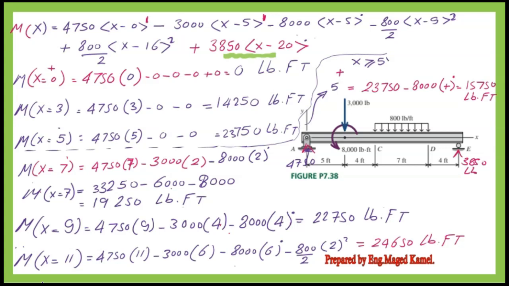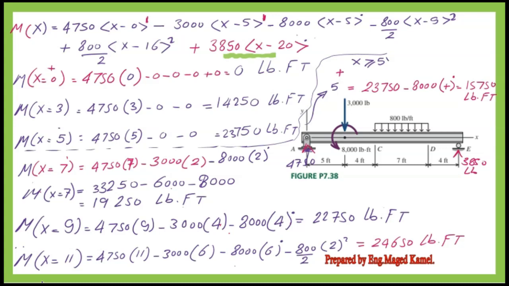We have 4,750 multiplied by 0 equals 0. There is no moment at the left support. While for x equal to 3, the moment value will be equal to 4,750 multiplied by 3, which is 14,250 pounds-foot. For M of x equal to 5, its value will be 4,750 by 5.